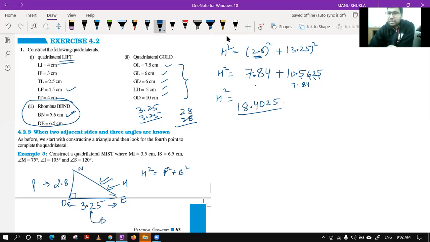Now tell me, is it a perfect square, class? Can we say it is like this, 184025 upon. Now tell me, is this a perfect square or not? And if it is, tell me the answer.